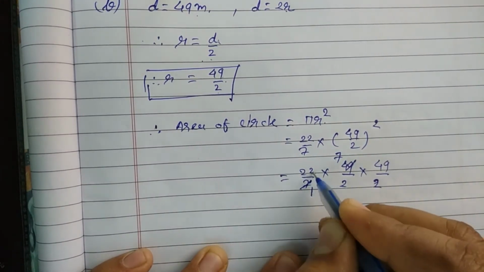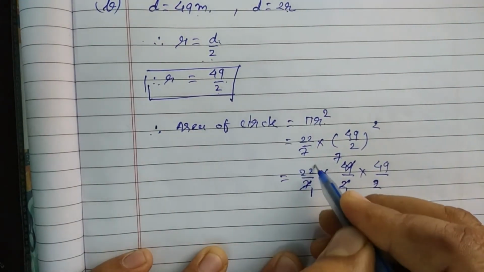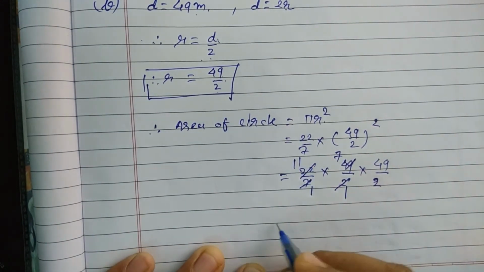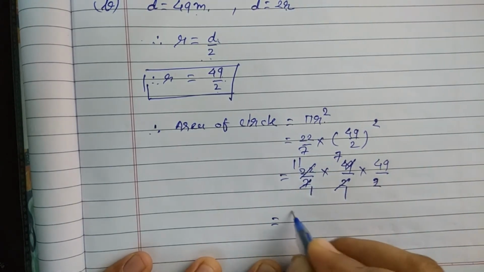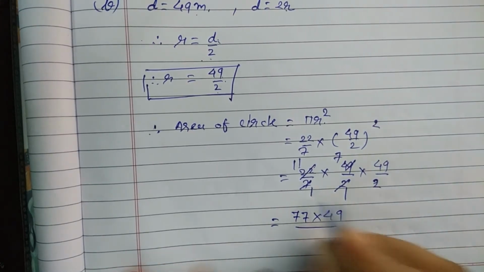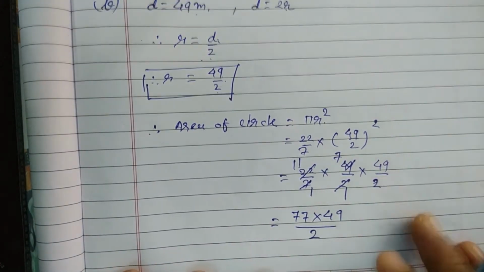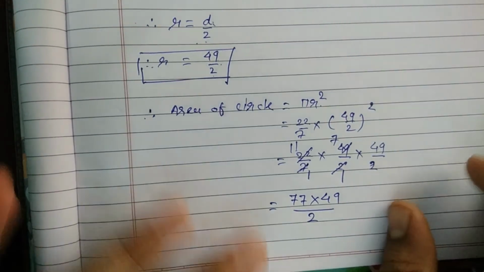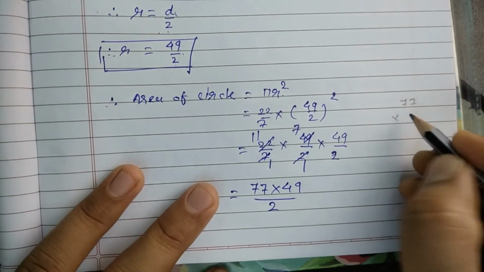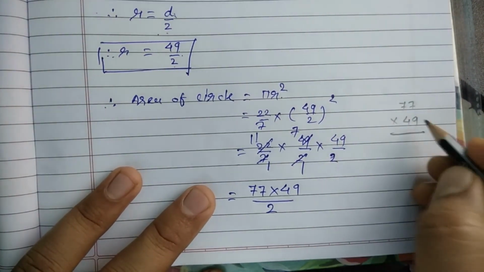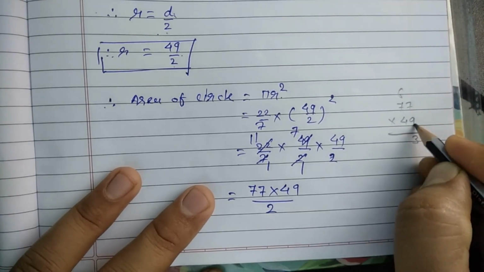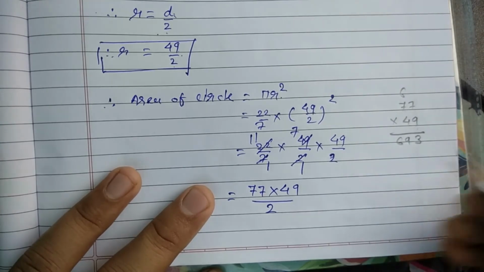So now we will solve this. Here 2 ones are 2, 2 11s are 22. So whatever we got, we will multiply it. 11 sevens are 77 multiplied by 49 divided by 2. Now we have to do this multiplication. So here we will do 77 multiplied by 49. 7 nines are 63. 7 nines are 63 plus 6, that is 69.